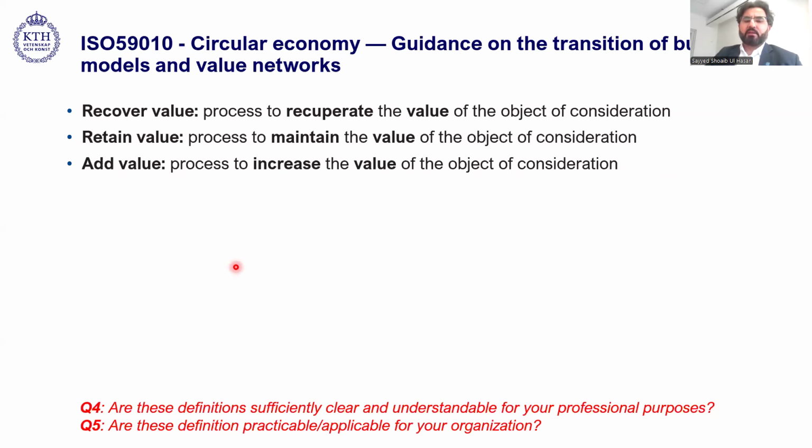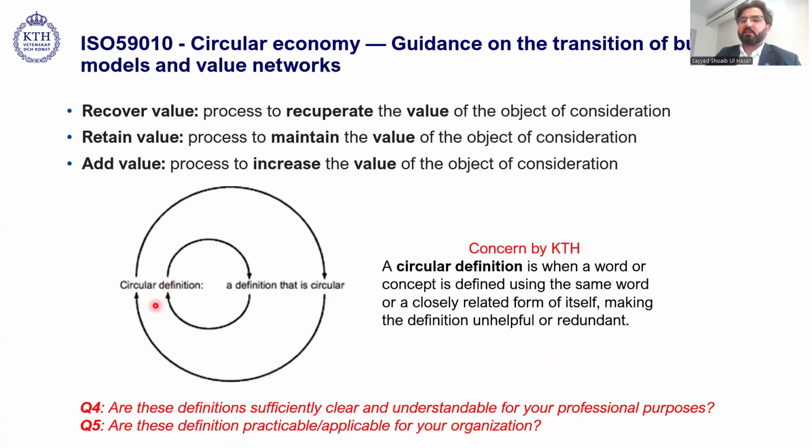After reading these definitions, we ask the question, are they really helpful? Although they are very simple and very straightforward, are they really helping the reader understand these concepts? But then we identified that there is a little bit of concern, as you can see, that these definitions are basically circular definitions. A circular definition is when a word or concept is defined using the same word or a closely related form of itself, making the definition unhelpful or redundant.